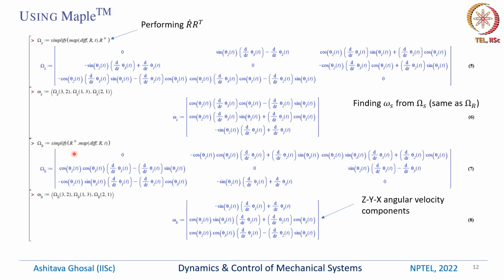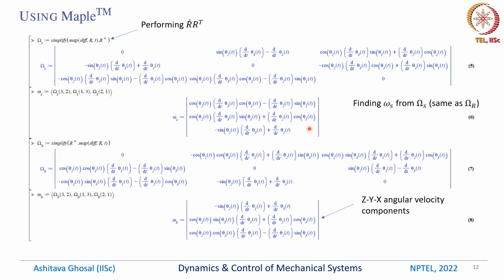These are the components of r transpose r dot, and the body fixed angular velocity vector is again the 3 2, 1 3, and 2 1 components of this skew symmetric matrix. So again you can get the angular velocity vector components either in the space fixed form, which is omega s, or in the body fixed form, which is in this form.